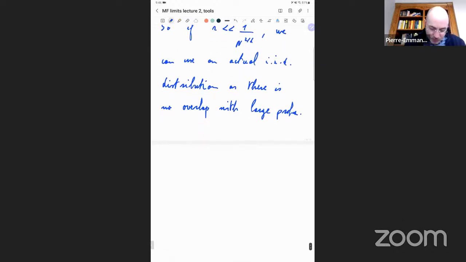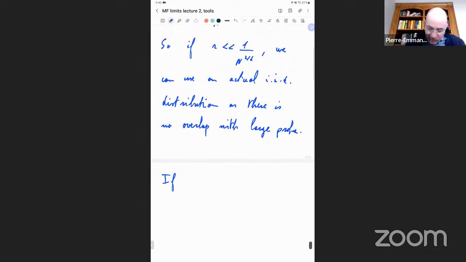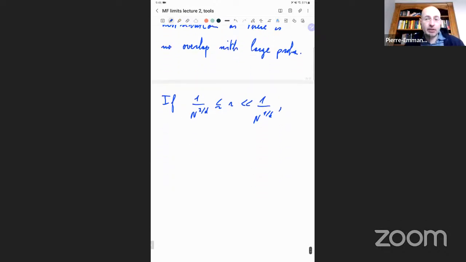If you're in between, you cannot use a strict IID because there would be an overlap.